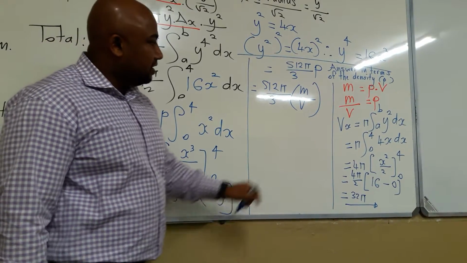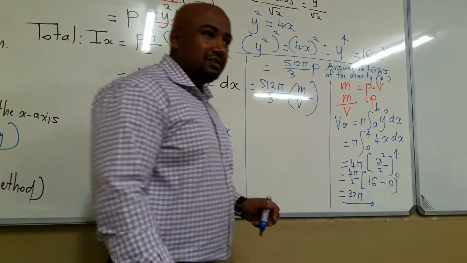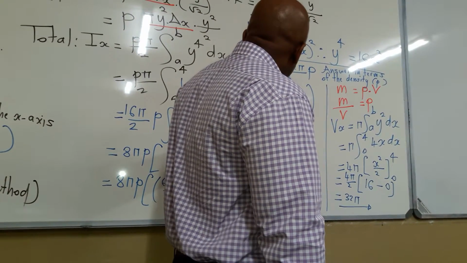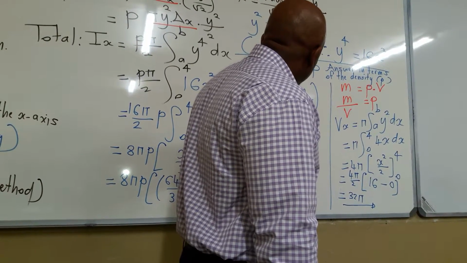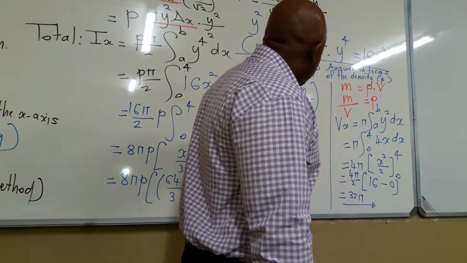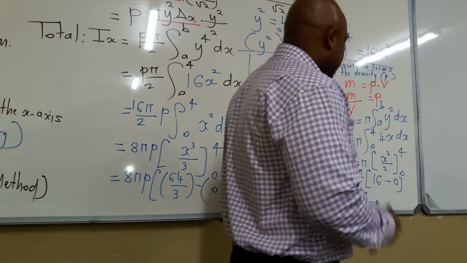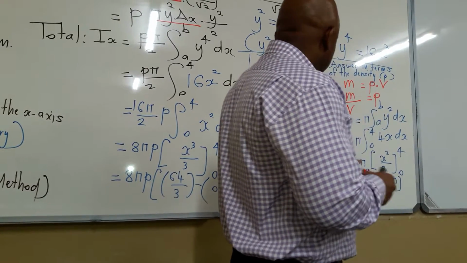So what must I do now? I need to replace V with 32 pi. Can you see that? So therefore, Ix is equal to 512 pi over 3 times M over V. What was V? V was 32 pi.